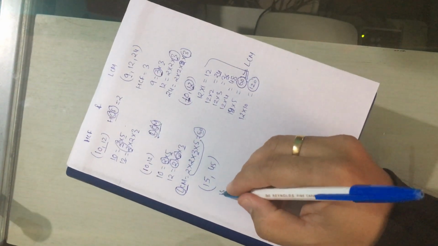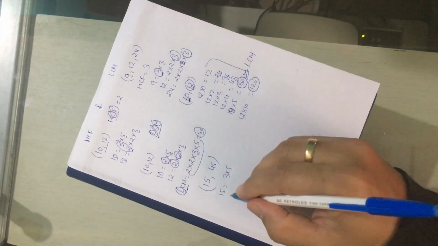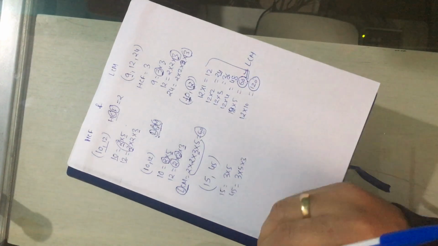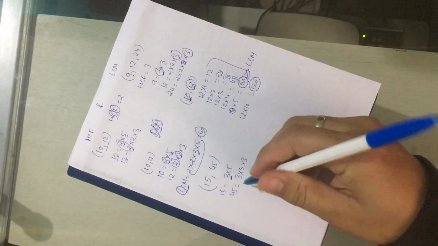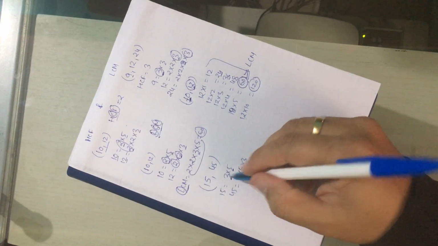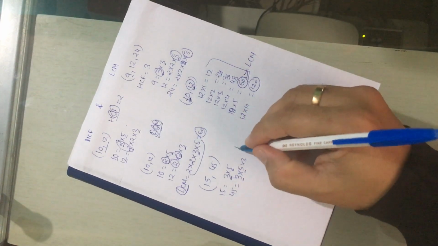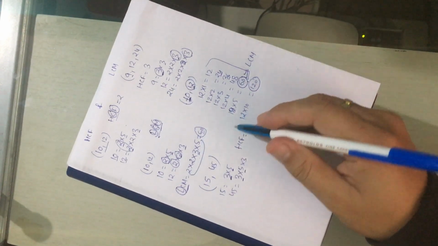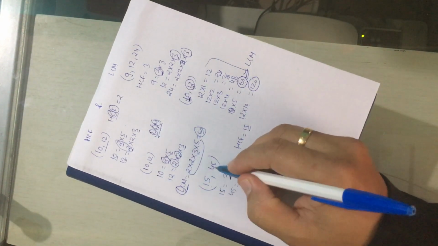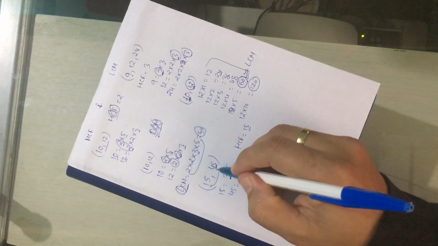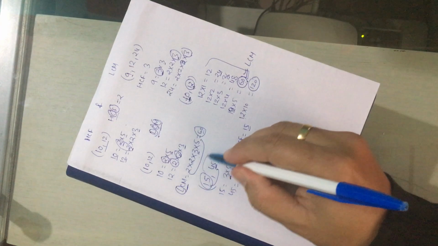Sometimes we go directly: 15 is 3 into 5, 45 will be 3 into 5 into 3, and we say we have 3 here and 3 here, 5 here and 5 here, which is common. So the HCF will be 15. Another way, you just need to find out whether 45 can be divided by 15. Yes, so 15 is your HCF.